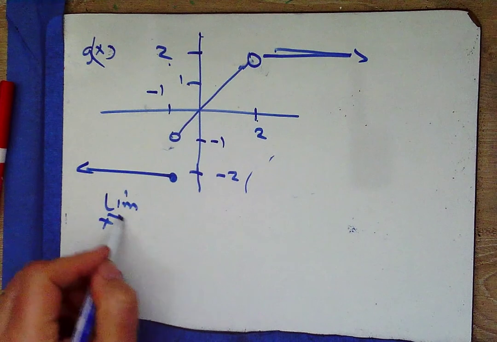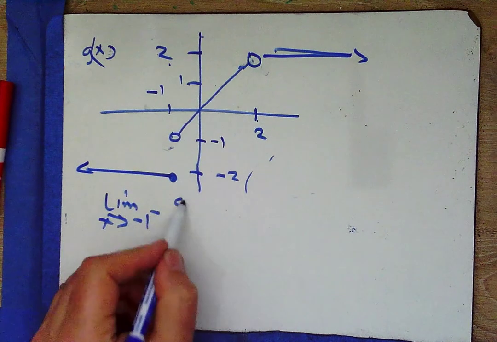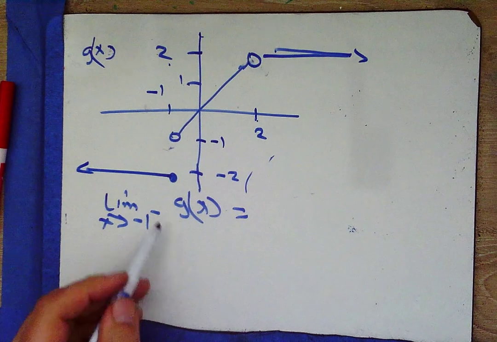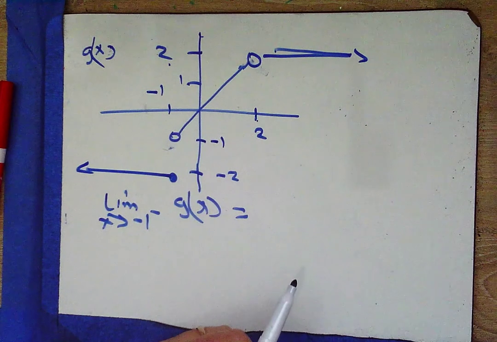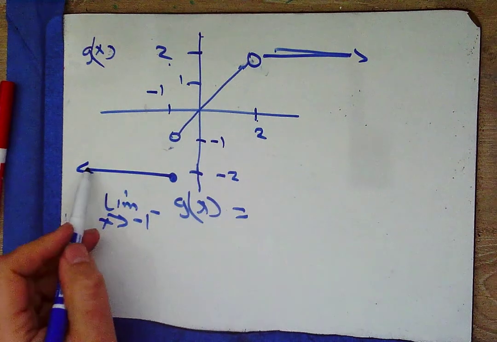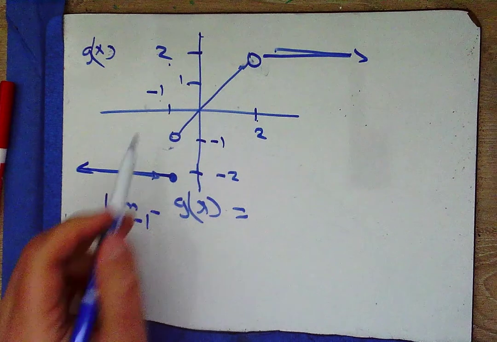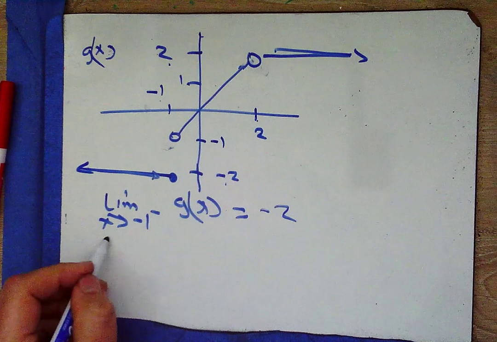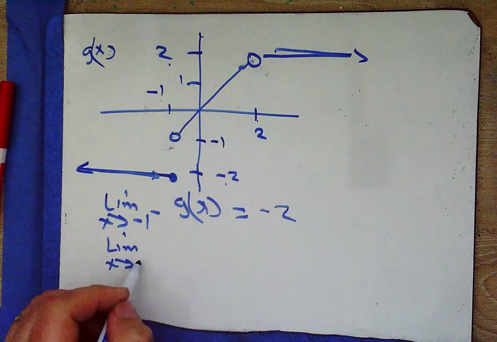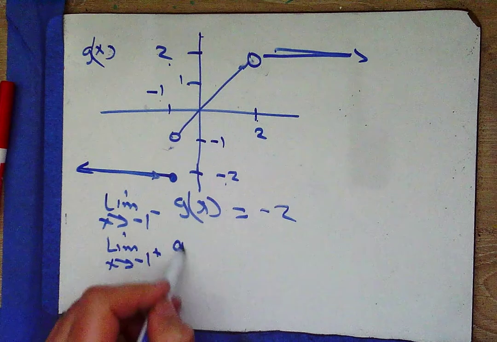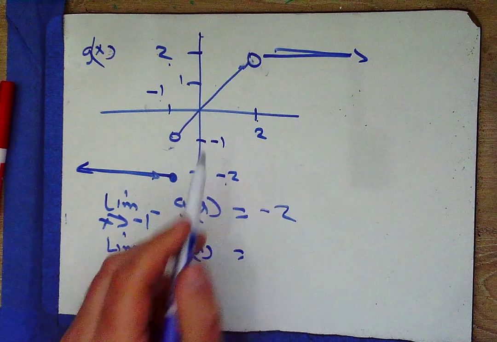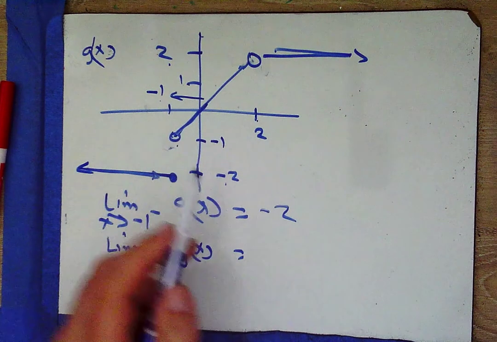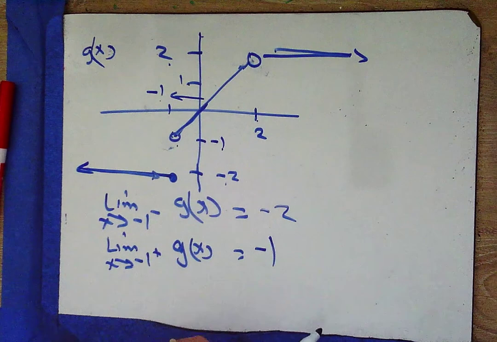The limit as x approaches -1 from the negative side. What do you get for that? As we approach -1 coming in from the negative direction. What do you get? I get -2 because as my x values get closer to -1, my y values are staying at constant -2. What about the limit as x approaches -1 from the positive side of this function? Well, as I approach -1 from the positive side, I seem to be writing down along here, and that seems to be approaching that y value.